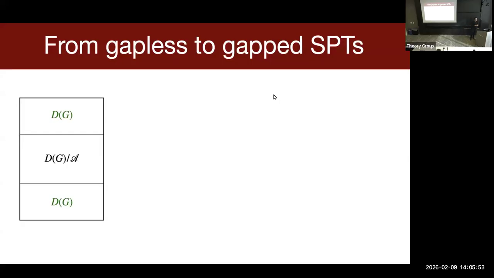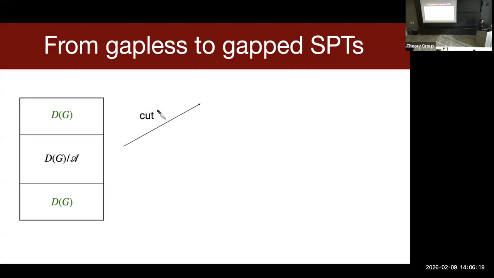Okay, so now I'll imagine I start from some big blob of topological order, this G gauge theory. And I'll condense some subset of anyons in this middle region. So I obtain this sequence of domain walls between DG, this DG with some anyons condensed, and DG at the top again.